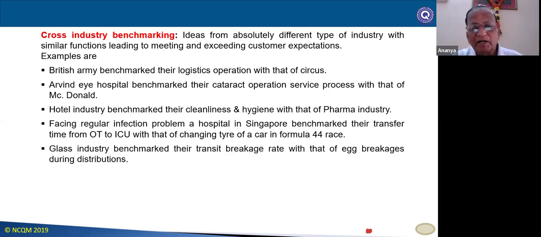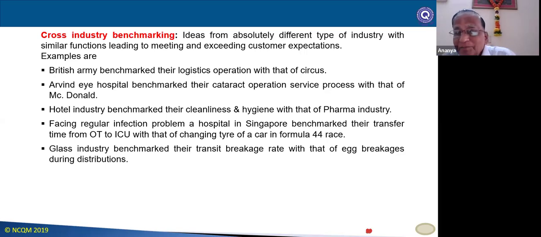The glass industry benchmarked their transit breakage rate with that of eggs during distribution. An egg is such a fragile thing, it can break anytime. So how is it put into a box and transported from, say, Badlapur to maybe Andheri? A lot of the roads are so bad, there are bumpers, the transport fellow who is driving is horrible, his truck is not properly maintained.